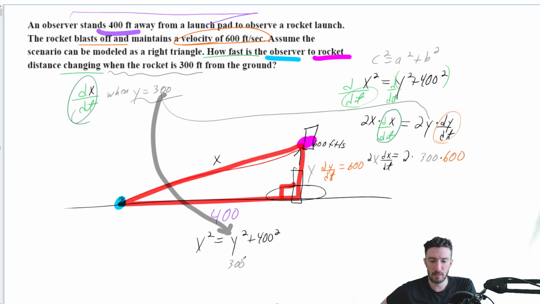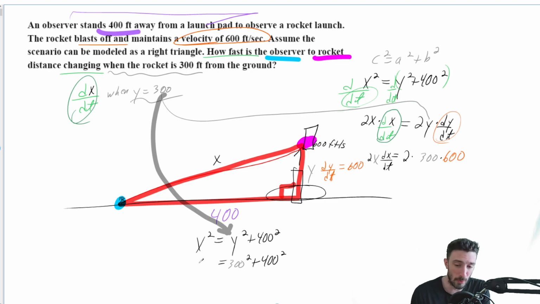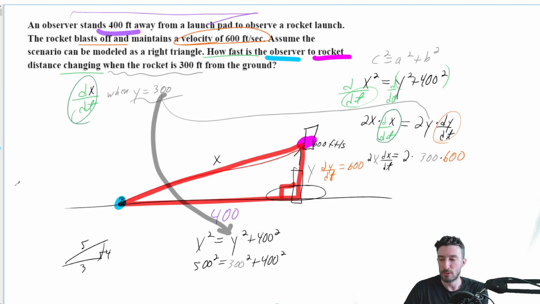So it's going to be 300 squared plus 400 squared equals, well, if you're super good with your 3, 4, 5 knowledge, you'll know that x would have to be 500. 3, 4, 5 or 300, 400, 500. Turns out that works too. So now we know that x must be 500.